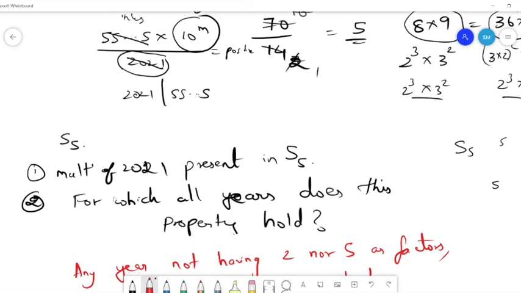Here we are just observing the remainders, and by the Pigeonhole principle, in S5 there must be two numbers having the same remainder, and then their difference, and further analysis, gives a multiple of 2021. And we also saw that we can generalize this proof.